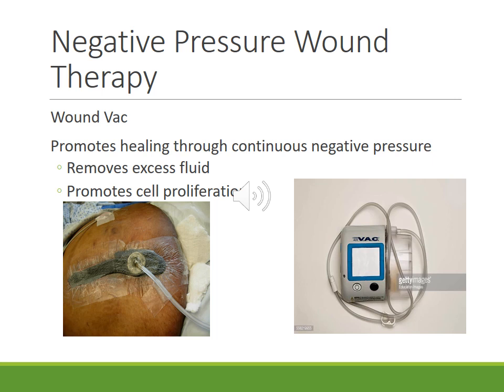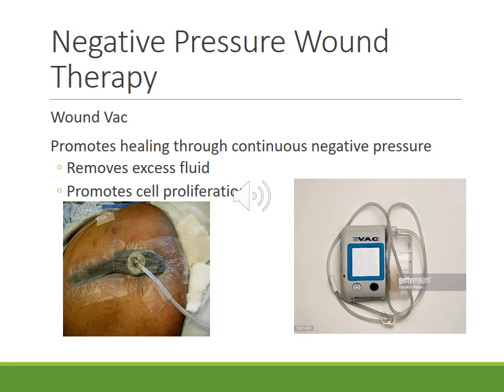It promotes healing through continuous negative pressure to that area. It begins to remove all this excess fluid from the wound area, and it promotes cell proliferation. The first picture is a wound vac applied to a wound on a patient. The second picture is just what the device looks like, and this is what's providing that continuous suction to this area.